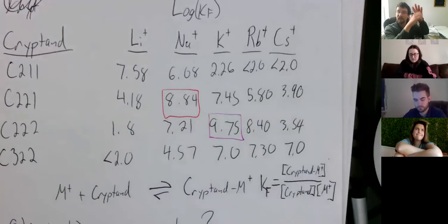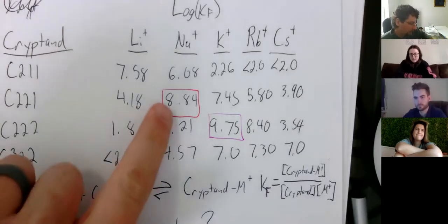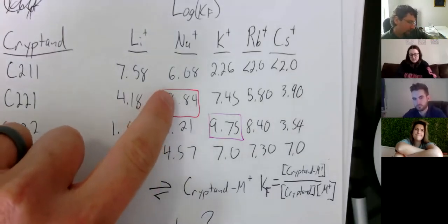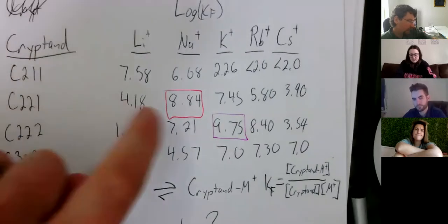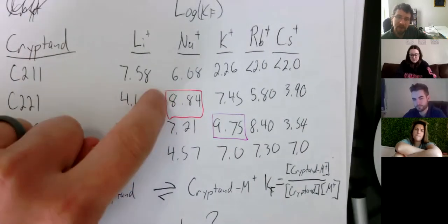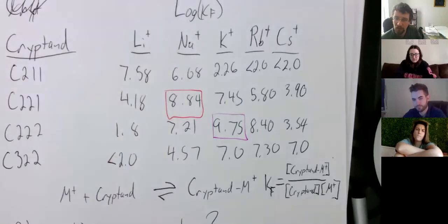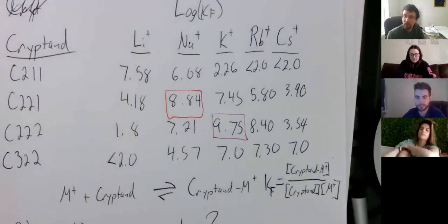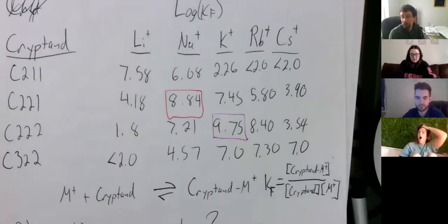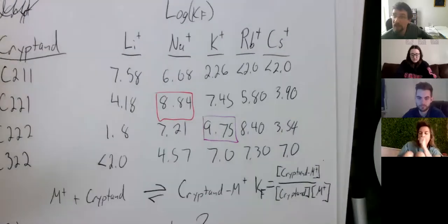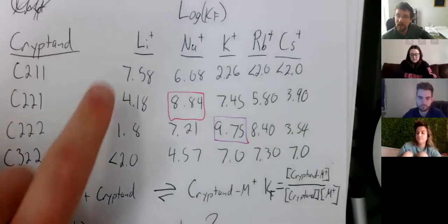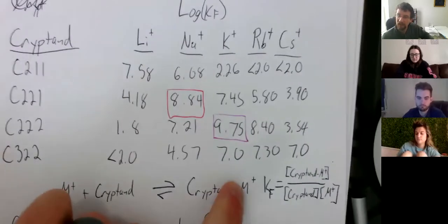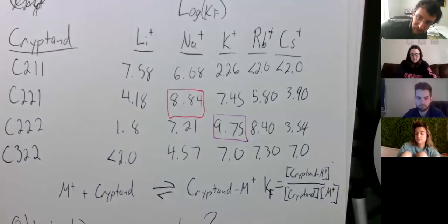Specifically, why does kryptand 221 do the best for sodium but get worse for these larger ones? Just the bond lengths in general of everything combined accommodates sodium the best. Yeah, exactly. These were actually synthesized to be selective for these cations, which is pretty awesome.